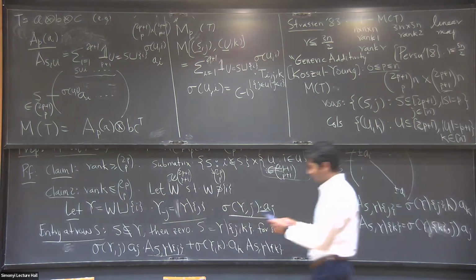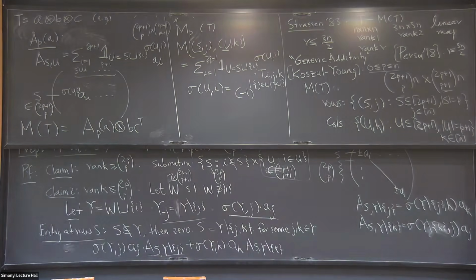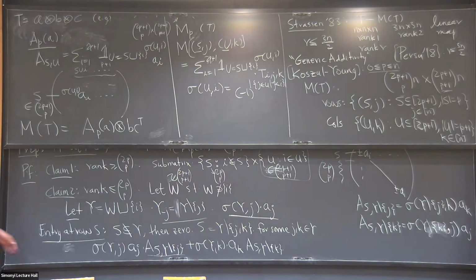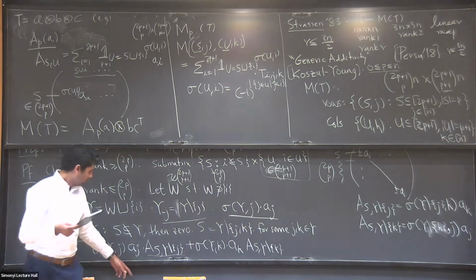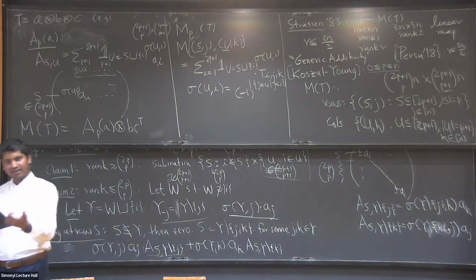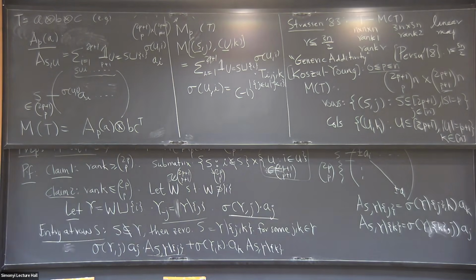Basically, you just need to use that J is before K and then notice that when you're counting these parities, one set has one less element, and that's it.